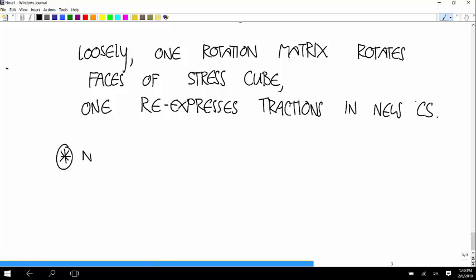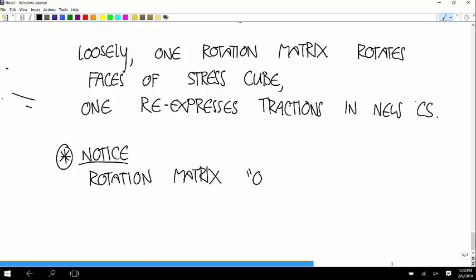One thing that's worth keeping in mind: remember that rotation matrices are called orthogonal matrices, which means that the columns of the matrix are all perpendicular to each other, if you think of them as vectors.